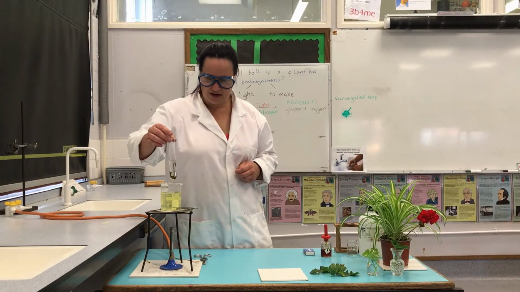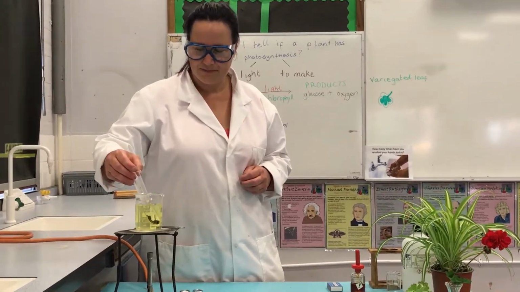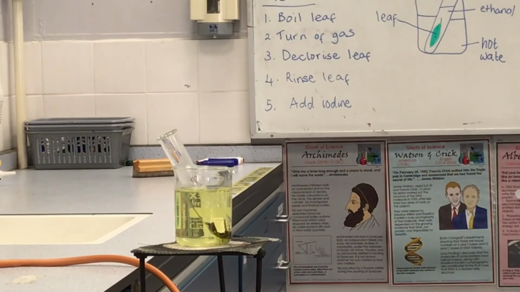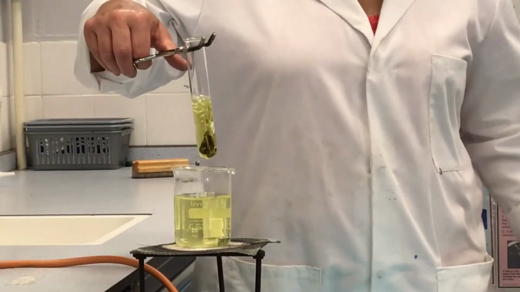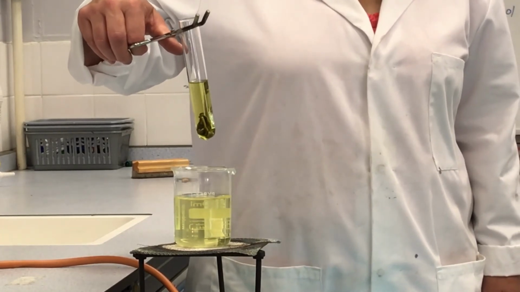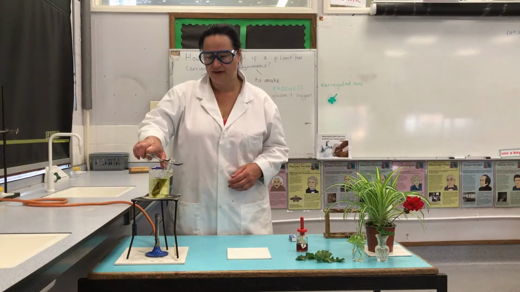If you have a look here, you can see the ethanol is already starting to boil. So you can see we've already got some of the chlorophyll dissolved in the ethanol. Okay, so let's have a look at the leaf.